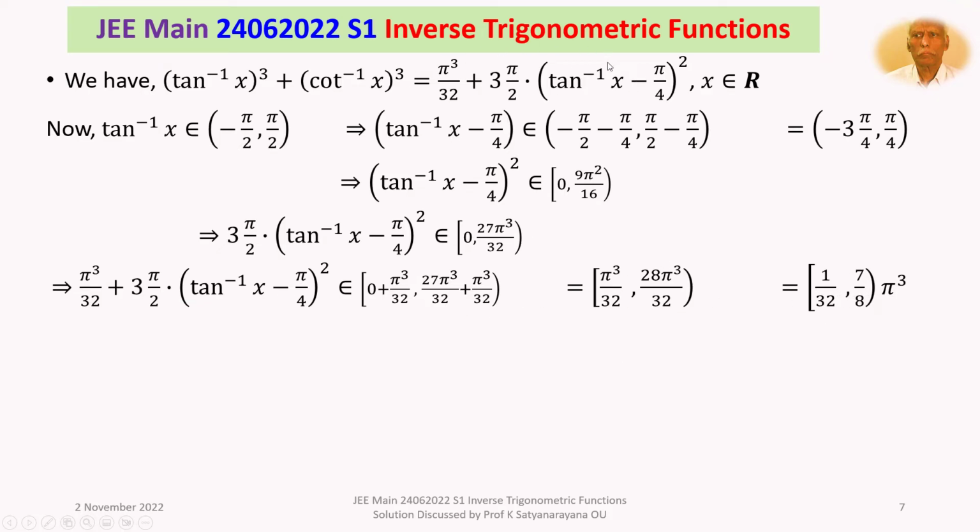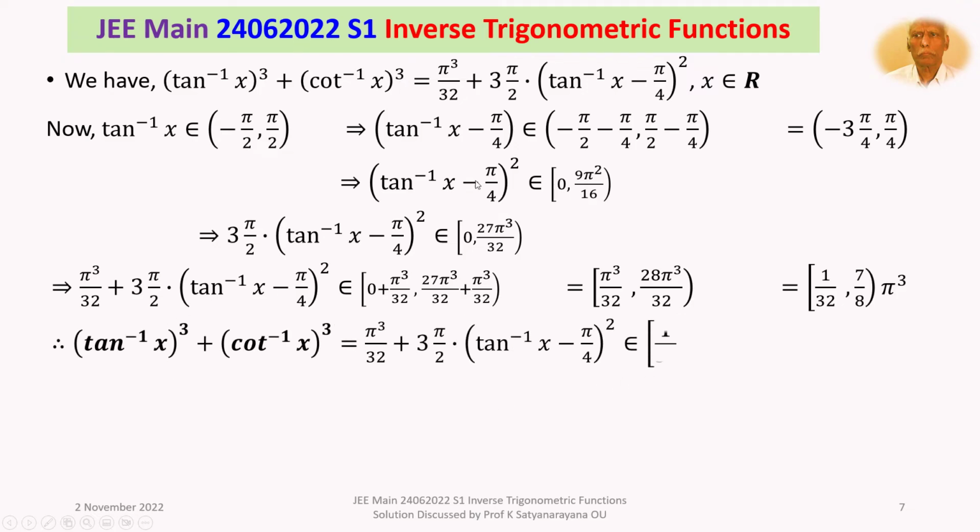So this right hand side part belongs to this. Therefore, the left hand side also belongs to this. So tan inverse x whole cube plus cot inverse x whole cube is equal to this one, and that belongs to this interval multiplied by pi cube.